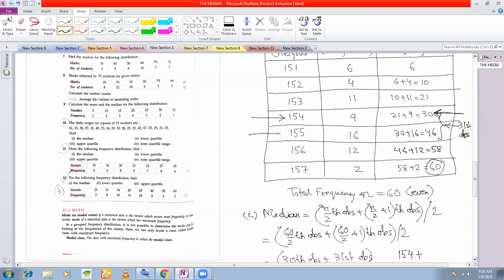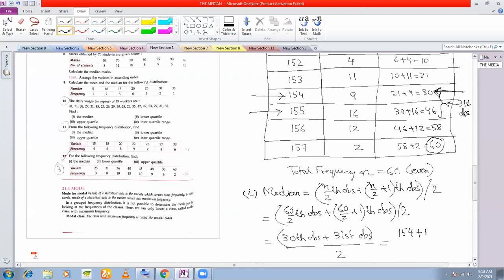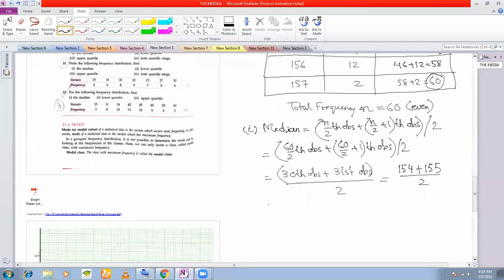That is why we take 155 as the 31st observation. So we write 155 divided by 2, and that's it. Any questions here? Okay. Fine. So we have 154 plus 155, which gives you 309 divided by 2, which is 154.5. And this is our required median.